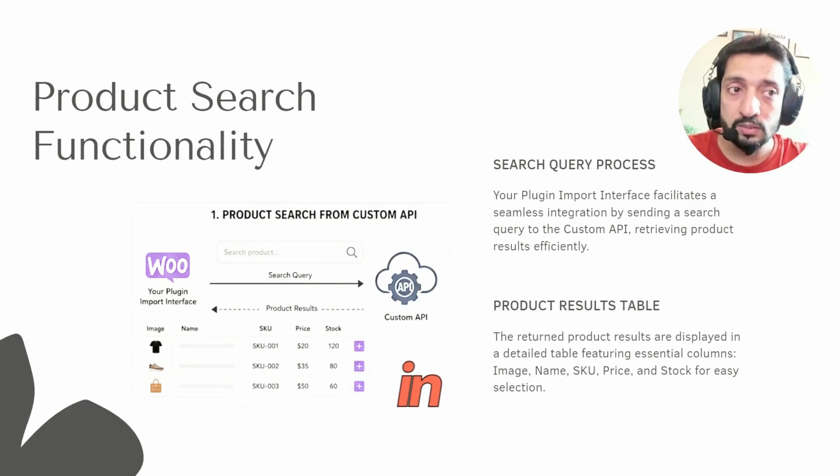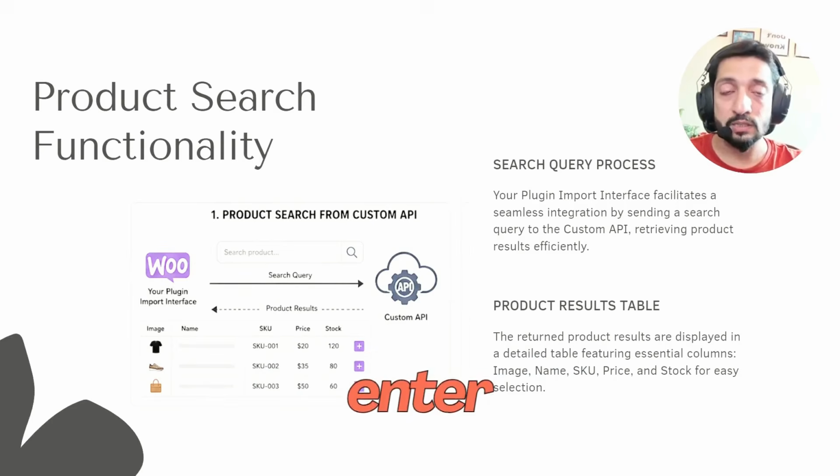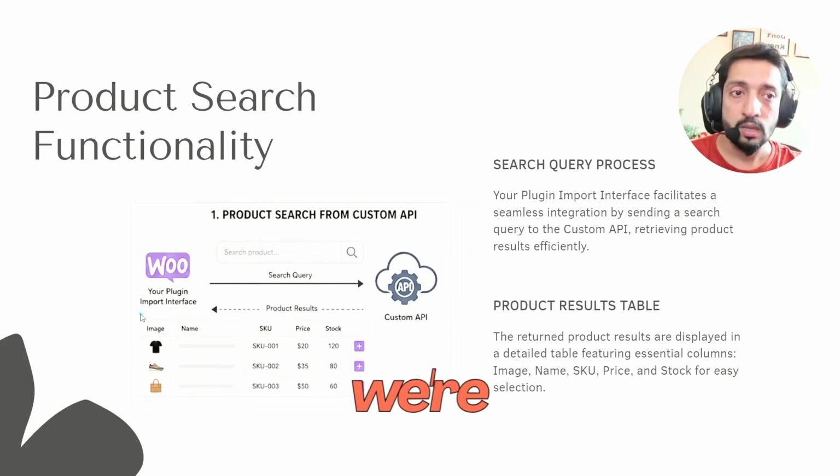Now to implement this functionality, we're going to need an interface where we can enter our search query. This search query basically goes to our custom API and the API responds with the product results, and we fetch the result and display that in our table. That is the basic thing that we're going to need.